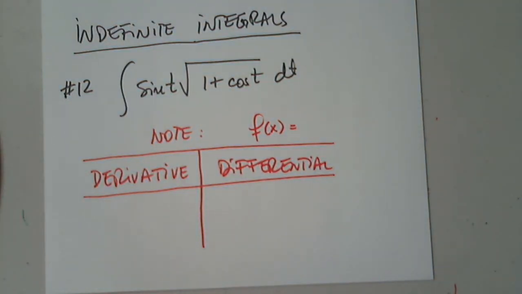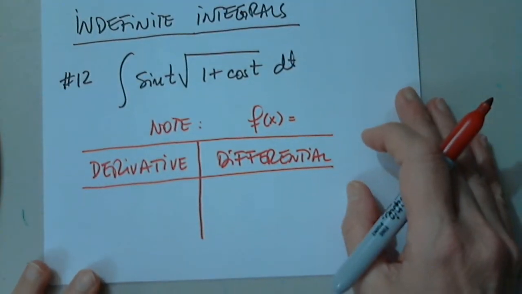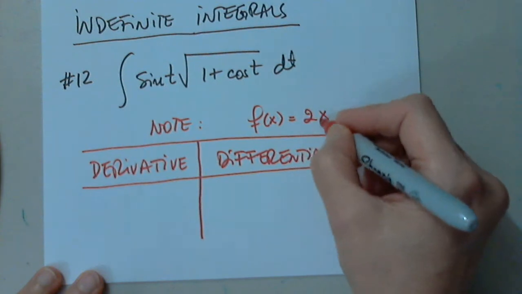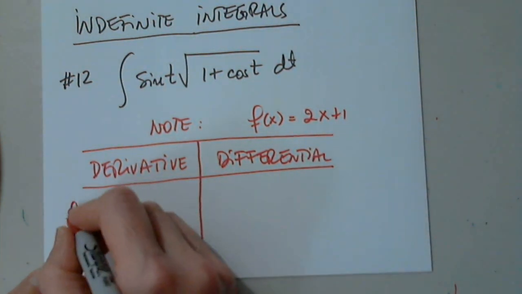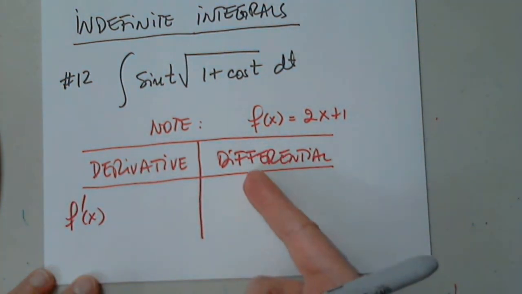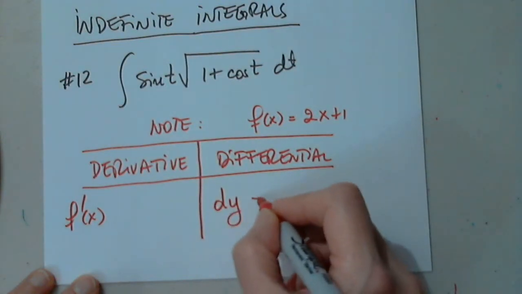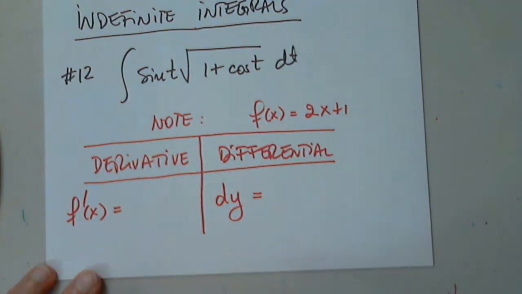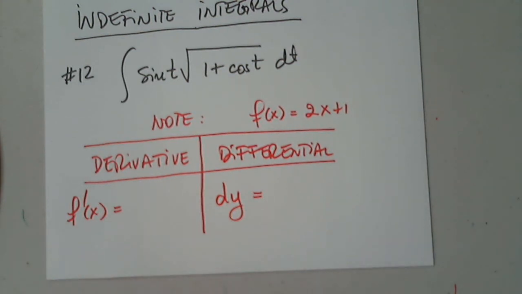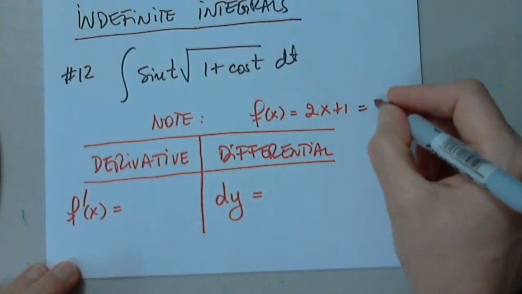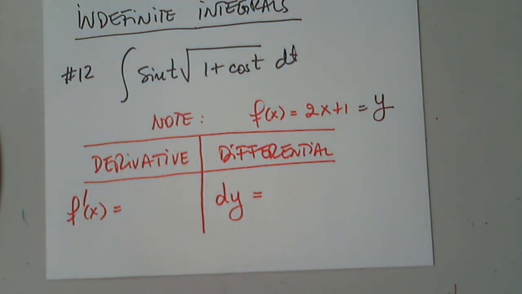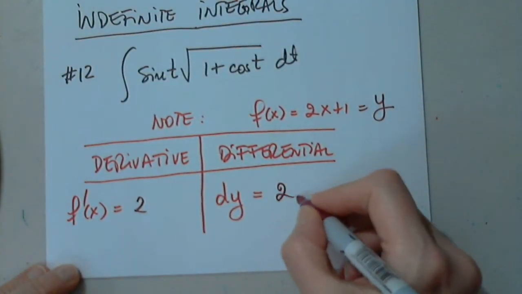Can anyone make up a function? 2x plus 1. Awesome. Can anyone give us f prime of x? And remember the differential is denoted by dy. So for this function, can anyone give us the derivative? And for the same function, because this is the same as y, of course, can anyone give us the differential? Is it 2 and 2dx? Awesome, brilliant, thank you very much.